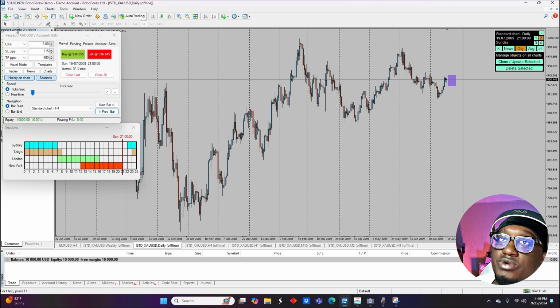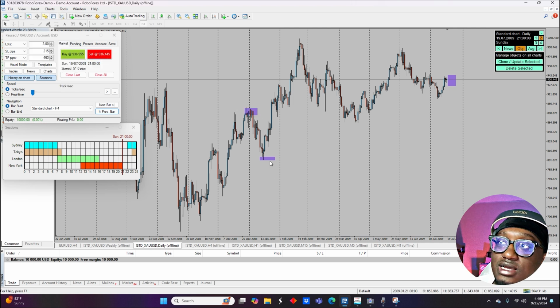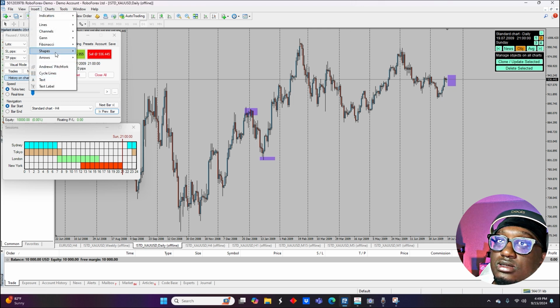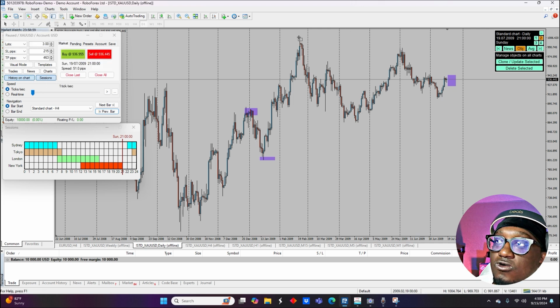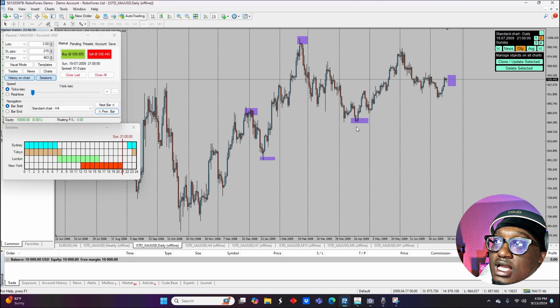How do we know this? Again, remember what I said? It's the low that took out the previous high. This low took out this high. It's going up. In this case, this high was formed and then made a low right here, and then shot up.